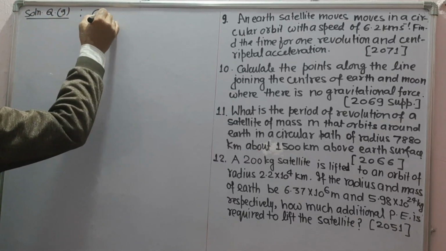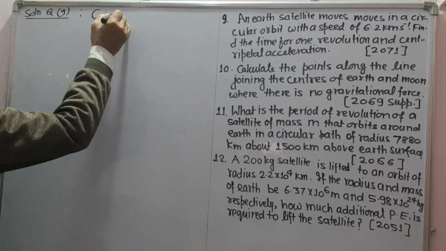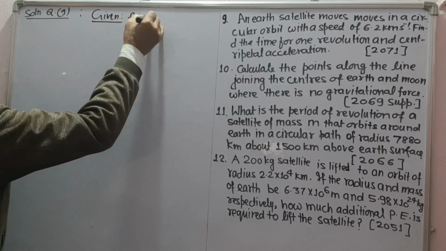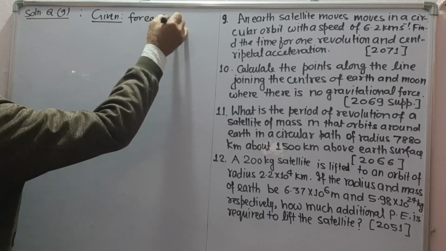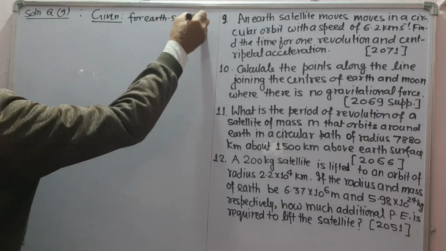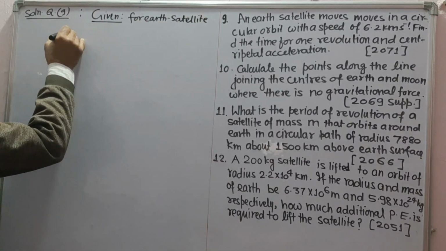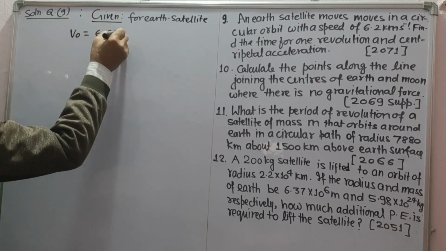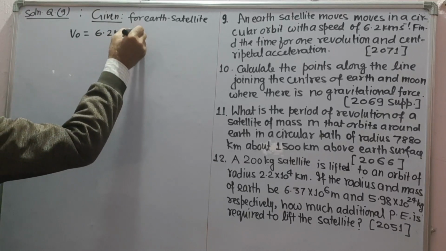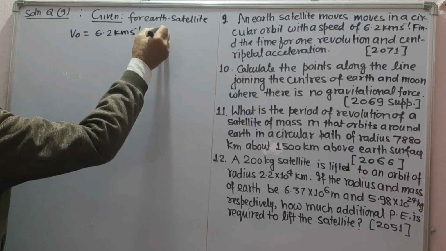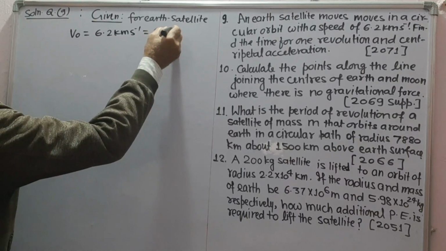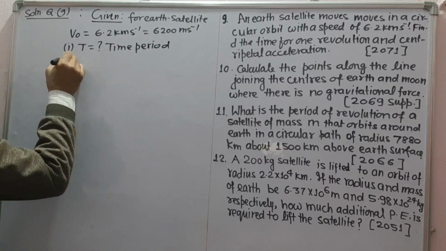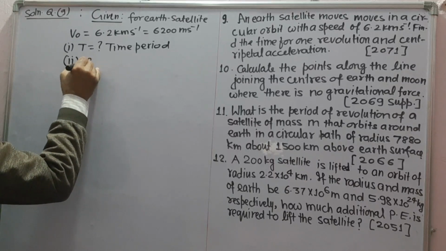Here given, for Earth satellite, orbital velocity v naught is 6.2 kilometer per second, which can be written as 6.2 into 1000, means 6200 meter per second. And secondly, we have to find centripetal acceleration.